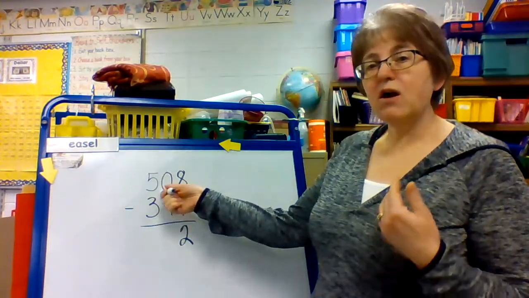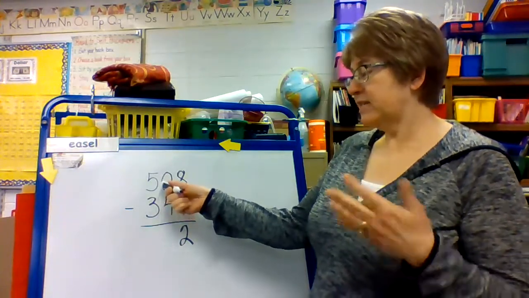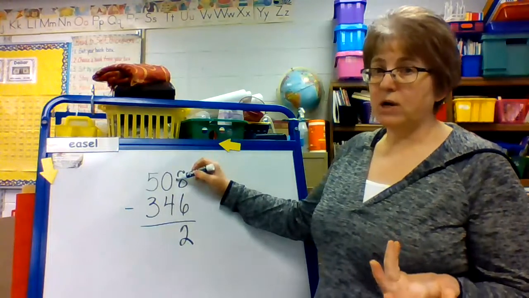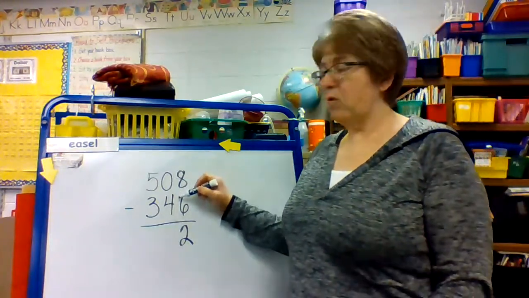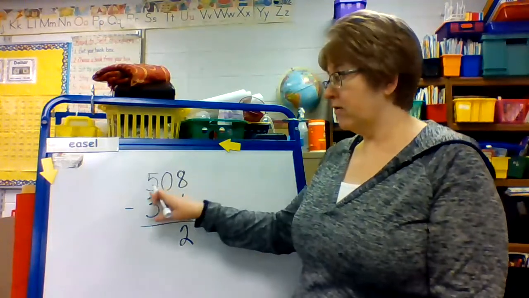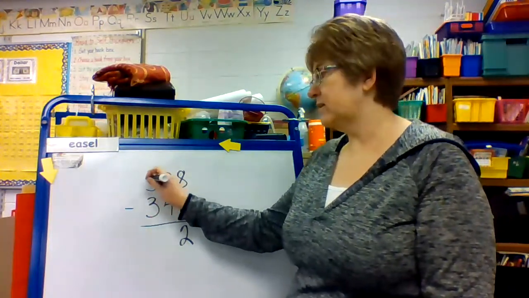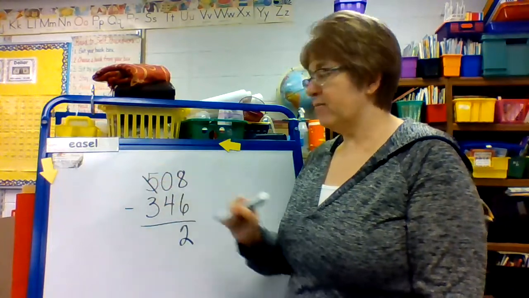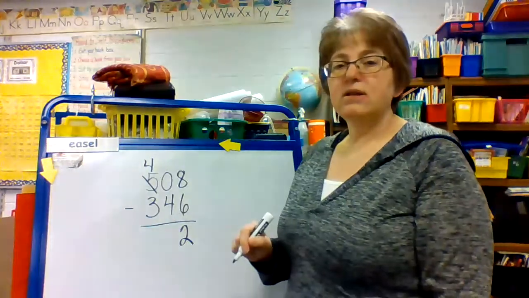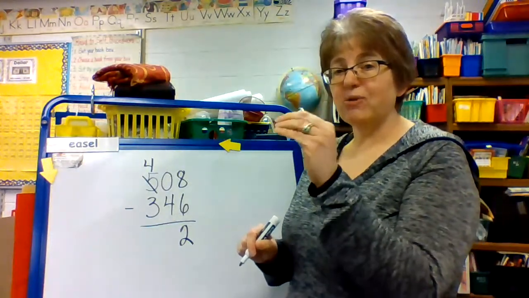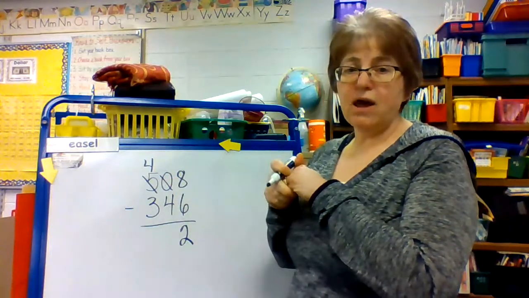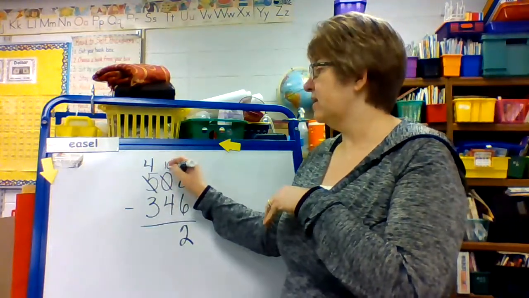Now let's look at our tens place. 0 minus 4. I have a 0 on top, so that means I have more on the floor. So I'm going to have to go next door to get more from the 5 in the hundreds place. So I cross out my 5 and it becomes a 4. Now I'm going to take that 100, trade it for 10 tens, and put it with the 0. So now I have 10.